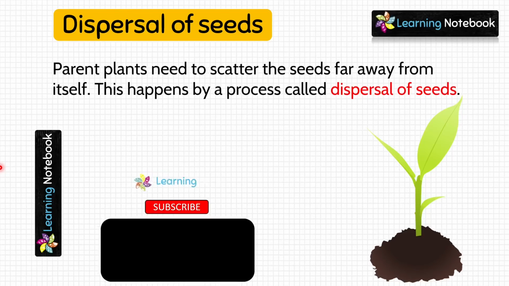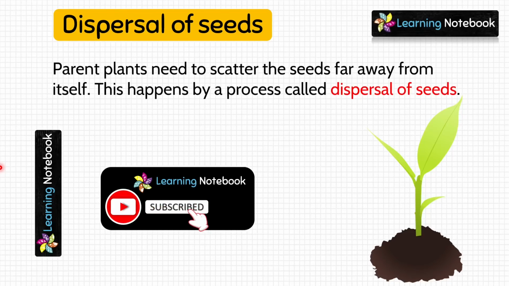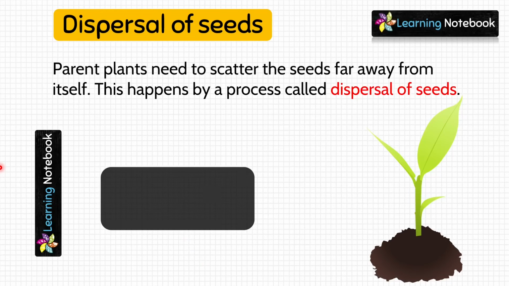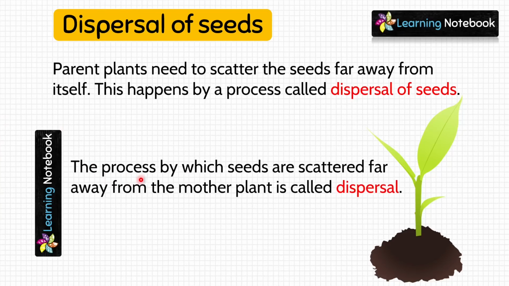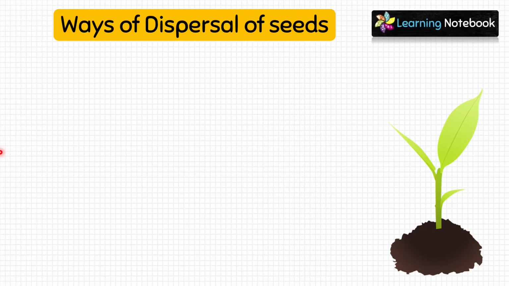So remember that parent plants need to scatter their seeds far away from themselves, and this happens by a process known as dispersal of seeds. And the process by which these seeds are scattered far away from the mother plant is called dispersal. Now let's learn about ways of dispersal of seeds.